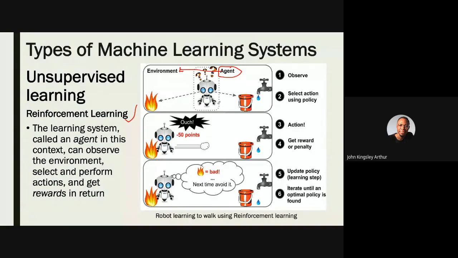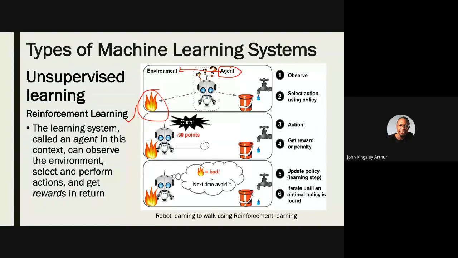Okay, so look at this. If the robot moves towards the fire, the agent is supposed to use its rule base to punish it, or to deduct marks by the deduction of points from the rule base.